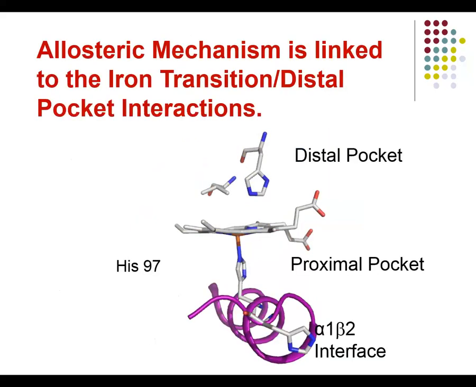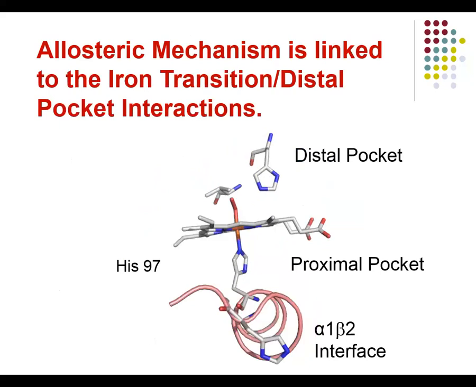This is the deoxy structure. This is the R state structure. As you go from one to the other, you see the F helix rotate just a little bit. This rotation changes the interface. As one side of the interface changes, the other side has to adjust to compensate.